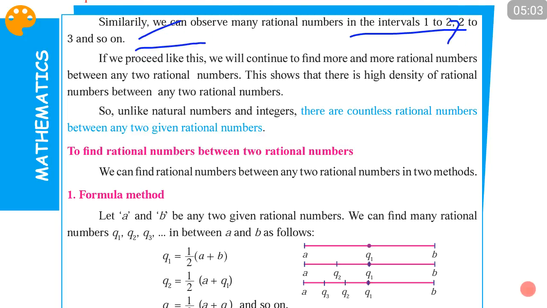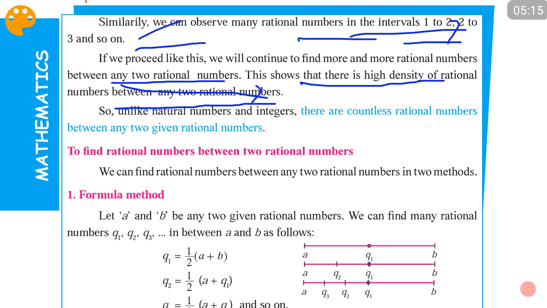If we proceed like this, we can continue to find more and more rational numbers between any two rational numbers. This shows that there is a high density of rational numbers between any two rational numbers. Unlike natural numbers and integers, there are countless rational numbers between any two given rational numbers.